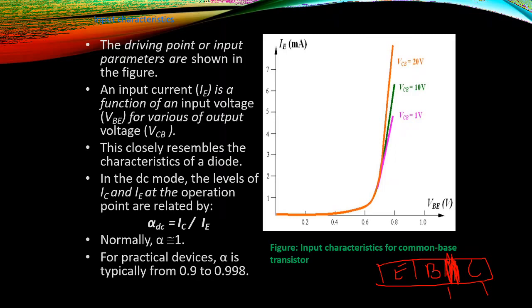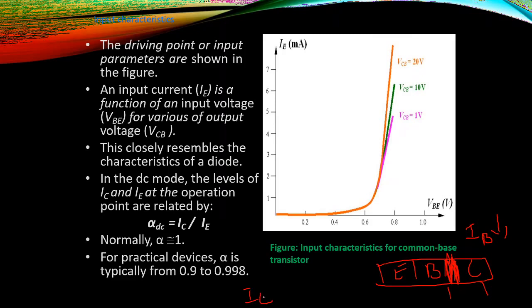If you observe, the base width is reducing. Whenever the base width reduces, the IB current due to the recombination process is reduced.